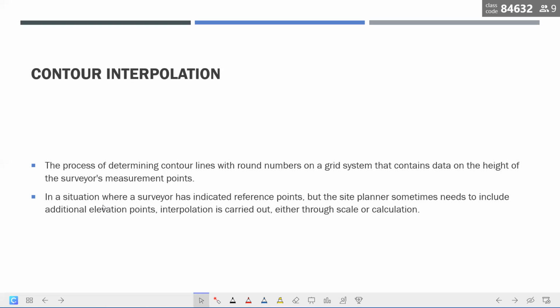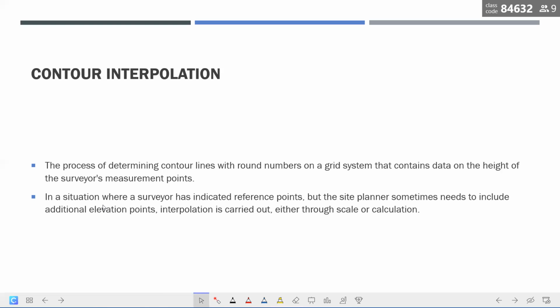Most times, a team of surveyors would go out and determine different elevation points, ultimately producing a contour map.